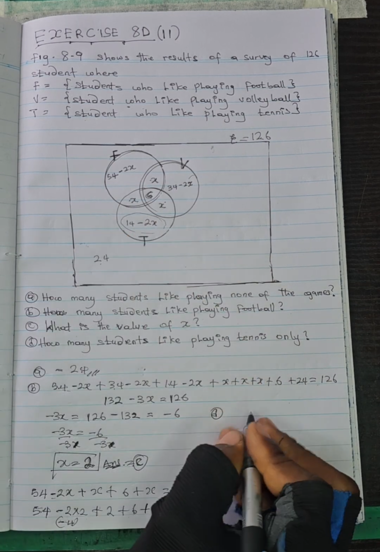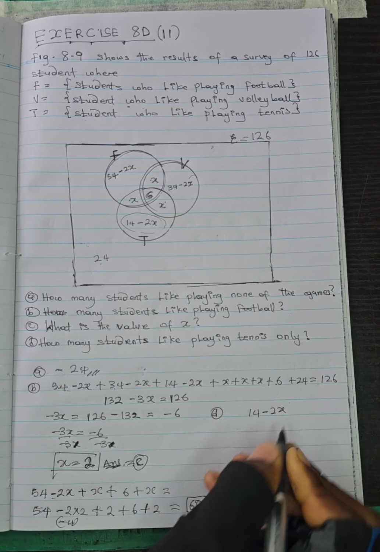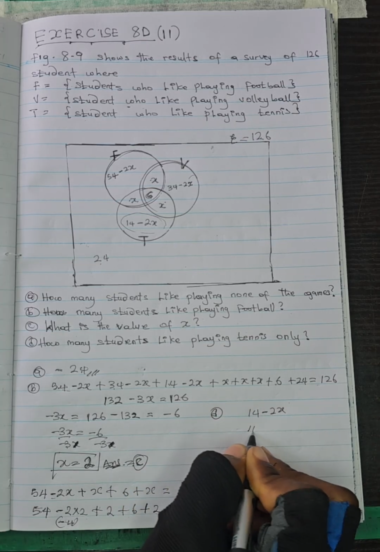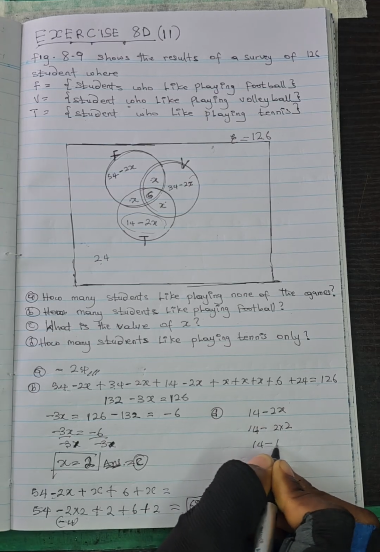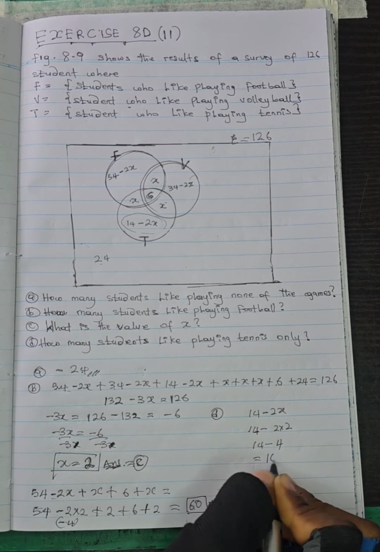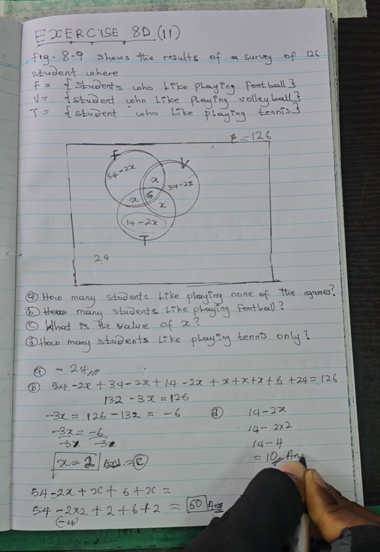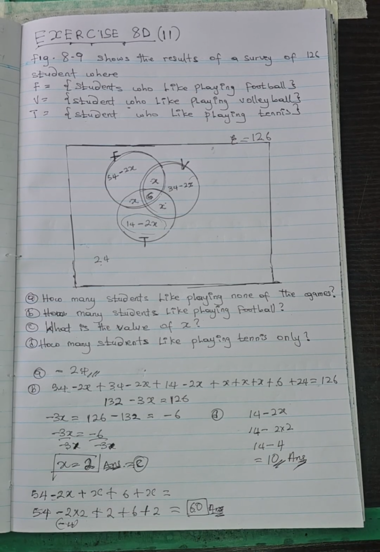For the only side, we only have 14 minus 2x. We know that x is 2, so it will be 14 minus 2 times 2, which is 14 minus 4, which is 10. So 10 students like playing tennis only.